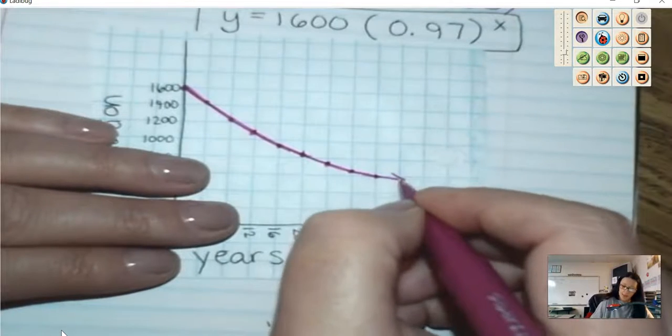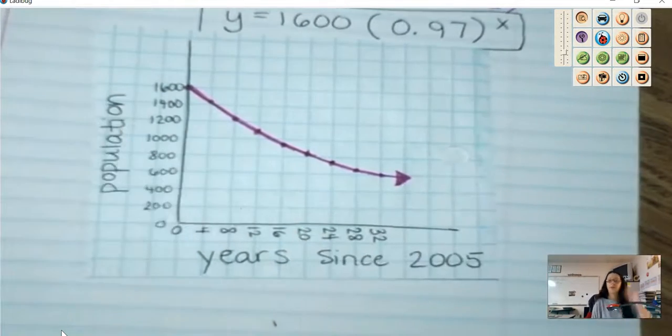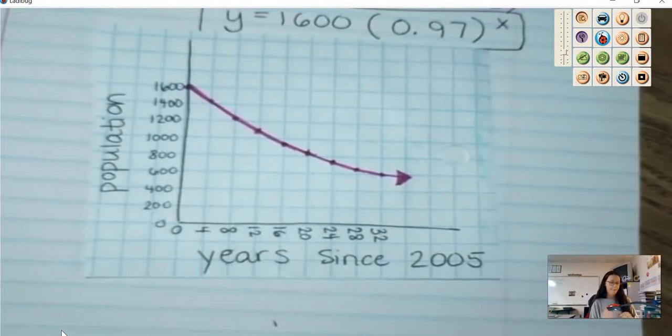And then put an arrow on it because that curve is going to go on forever. So create your curve and then fix your dots because your dots might be too far up or too far down.